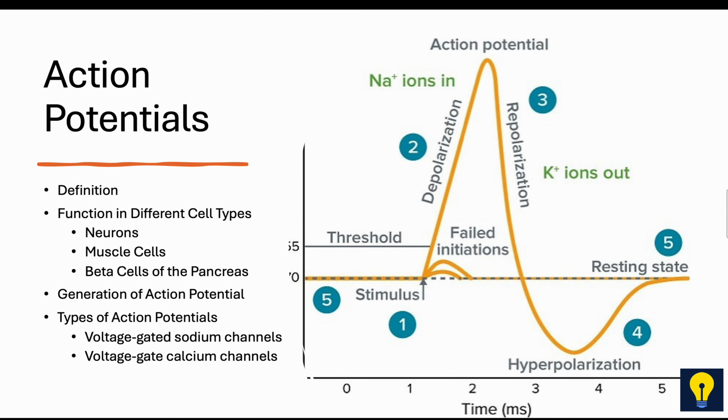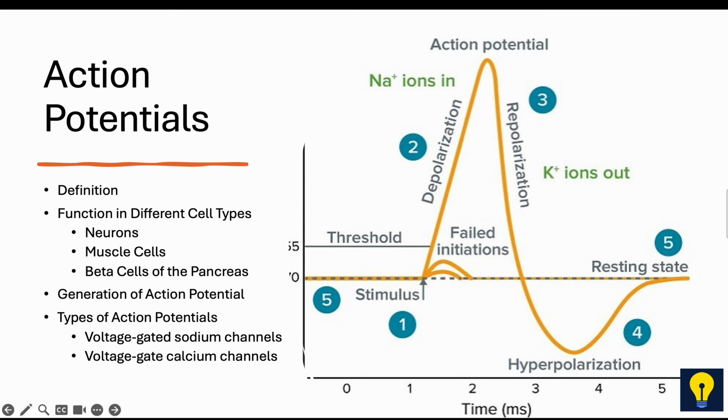And now, how does the generation of an action potential happen? We're going to go into more detail with the later slides, but in general, special voltage-gated ion channels are located within the cell's plasma membrane, and these are responsible for generating action potentials. These channels remain closed near the cell's resting potential but rapidly open when the membrane potential reaches a specific threshold.